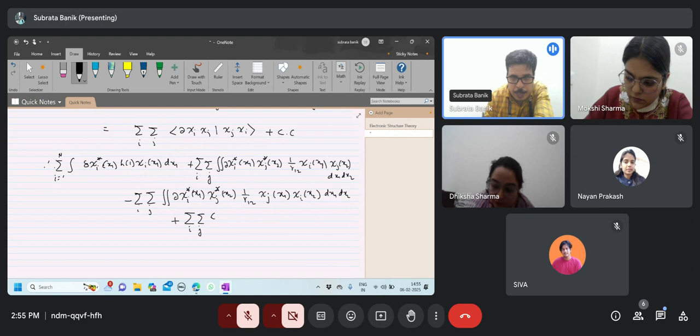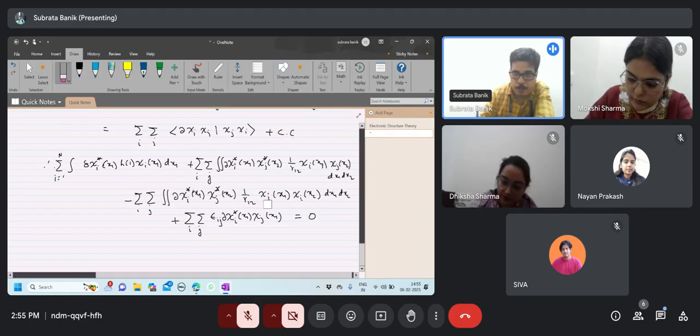Let us split here i j. I am constantly saying this is double integration chi_i star of x1, delta chi_j of x1, equal to 0.